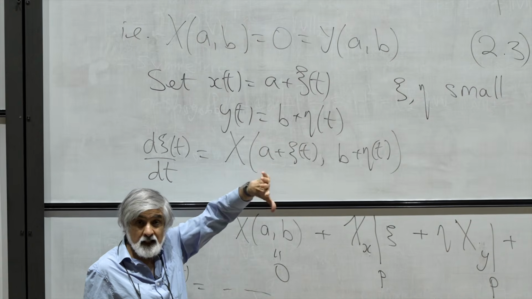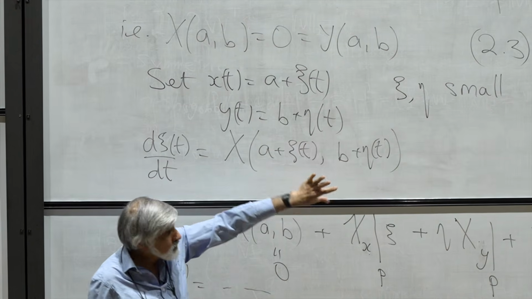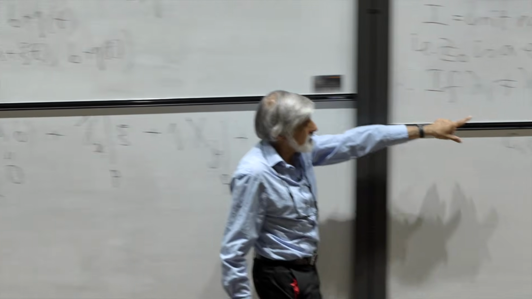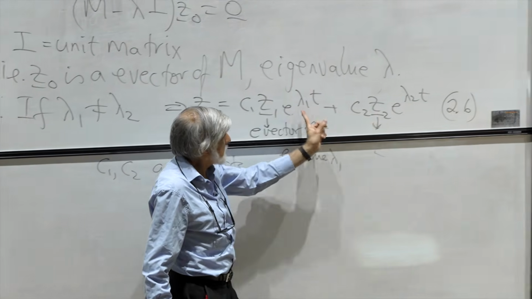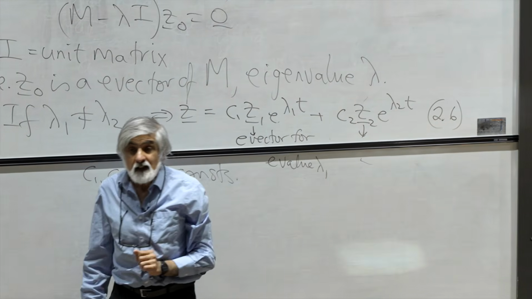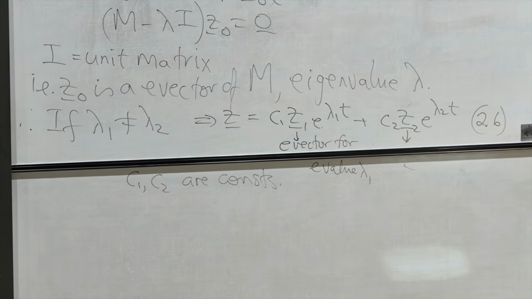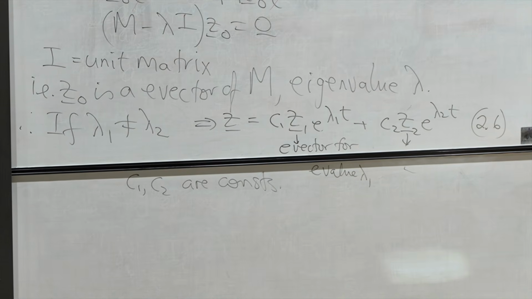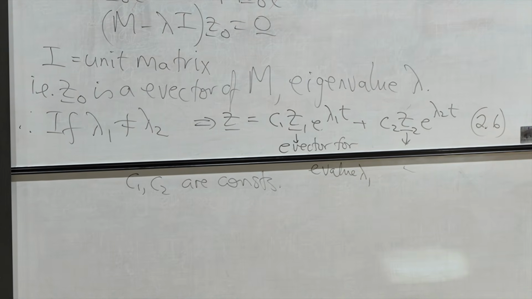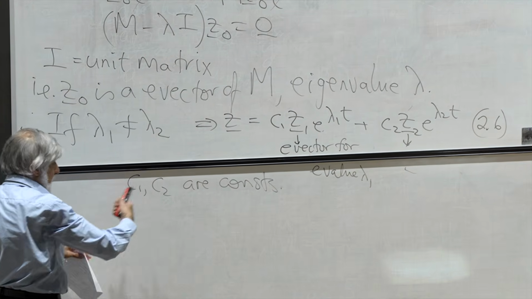So the only way AB could be stable would be if both of these are either negative or have real part negative. Even if only one of them is positive, then you blow away. Okay? But that's in the case lambda 1 not equal to lambda 2.